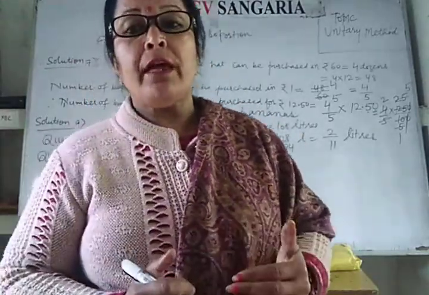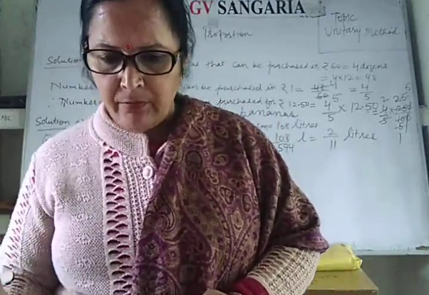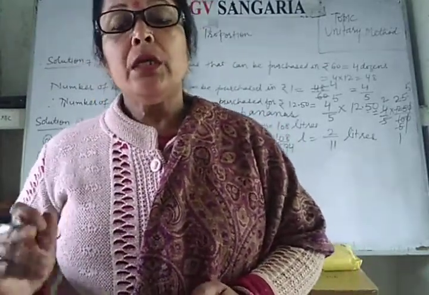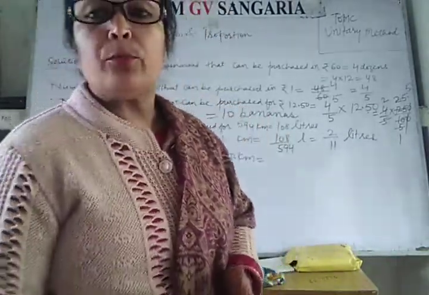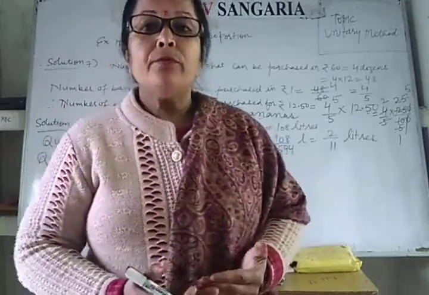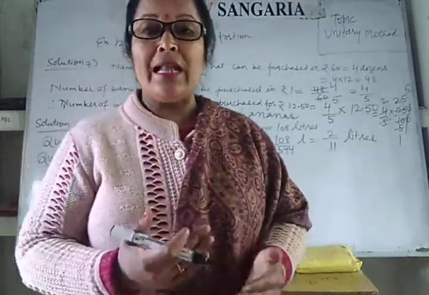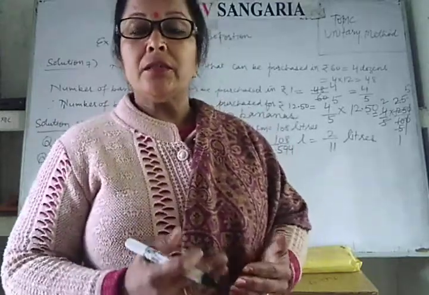You will first find the weight of one book, which is 9 divided by 72. Then, 40 books are asked, so you will multiply. If the weight of one book is known, you can calculate the weight of the required number of books also.